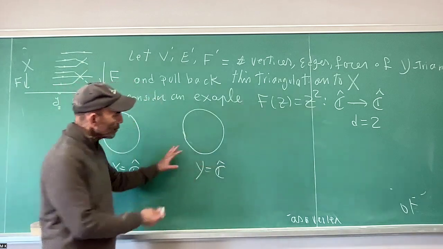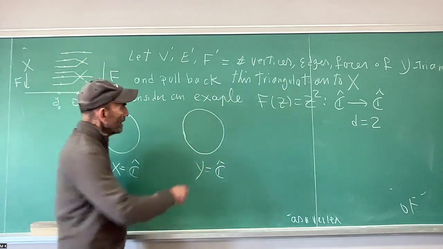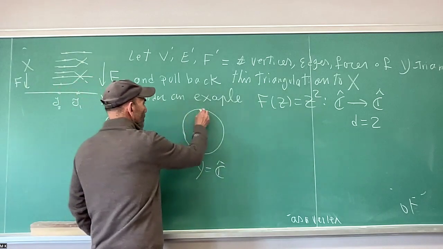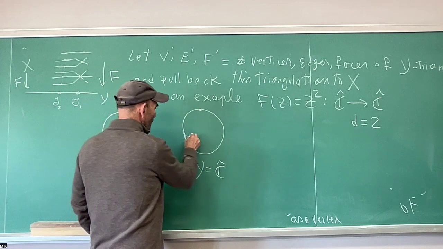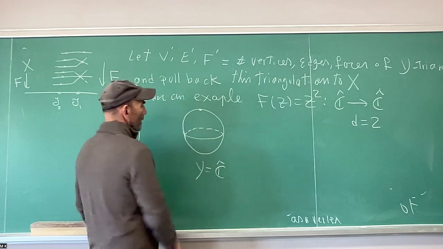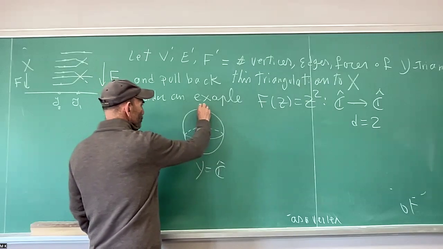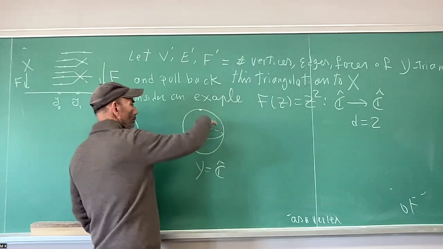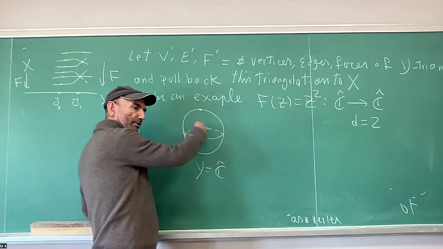Okay, so now let's choose a triangulation here. What I'm going to do is make the northern hemisphere into triangles up there.